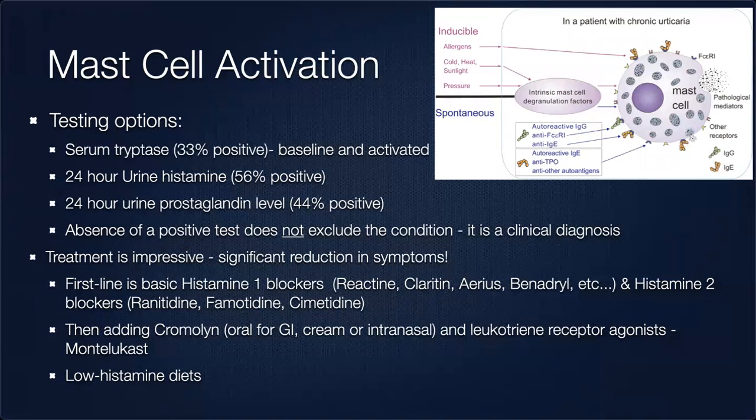But the testing is very limited. Most of the time, the best way to test it is honestly just to treat it and see what goes away. But if you choose to try and test it, usually they look at the serum tryptase, and you're supposed to try and find a baseline, which is very difficult to do without treating it, a baseline when the mast cells are not activated, and then another tryptase when the cells are activated.